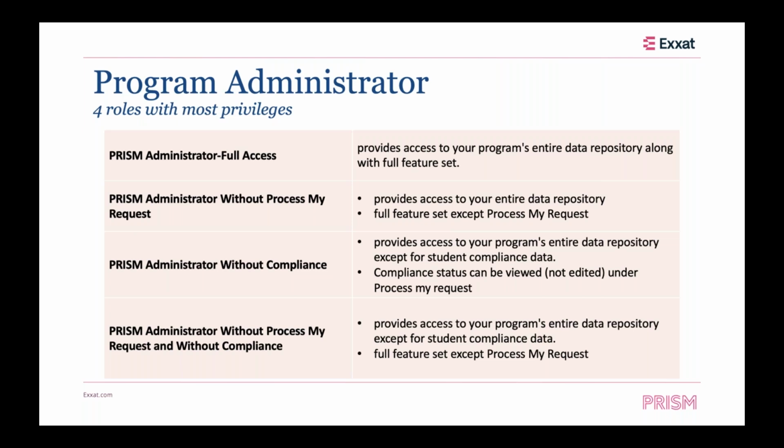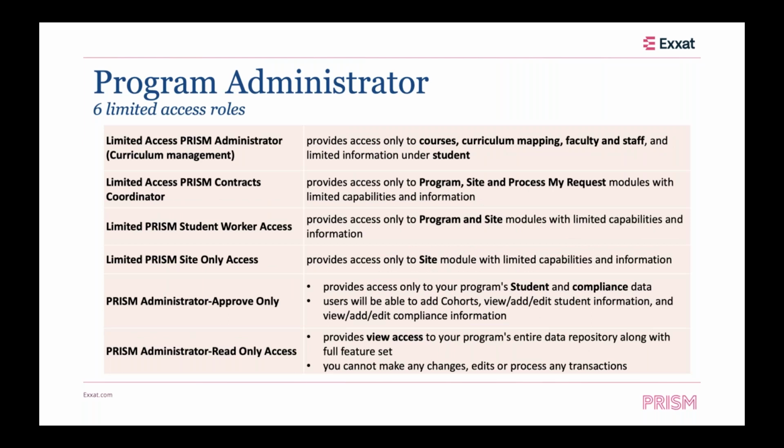So various universities want to give different levels of access to different administrators, and this role enables that. So this administrator can do everything but not access compliance. And the last one is a combination of both the restrictions, again self-explanatory. You don't have access to my request, and you cannot access compliance. So these are our 4 roles with most privileges.